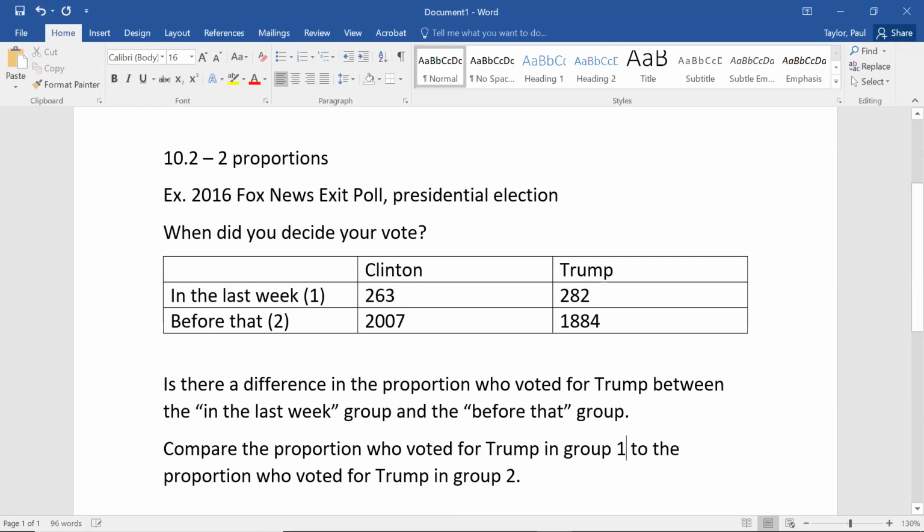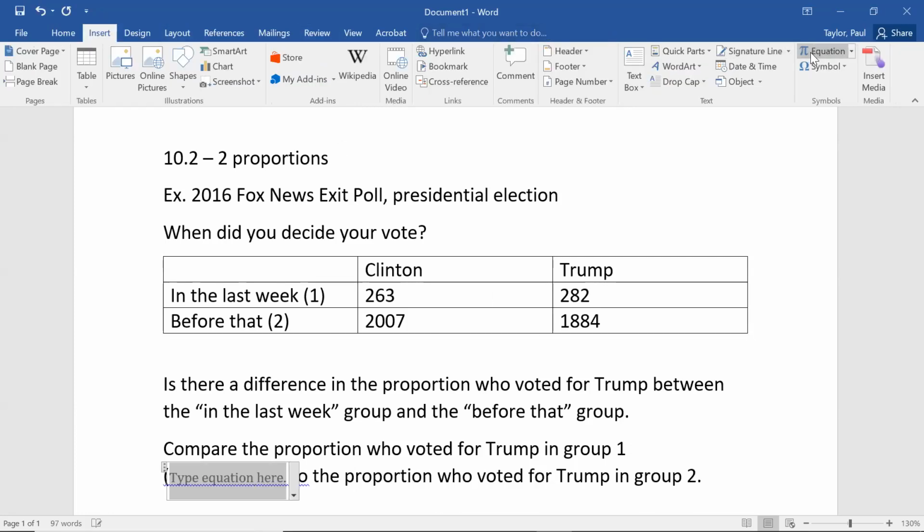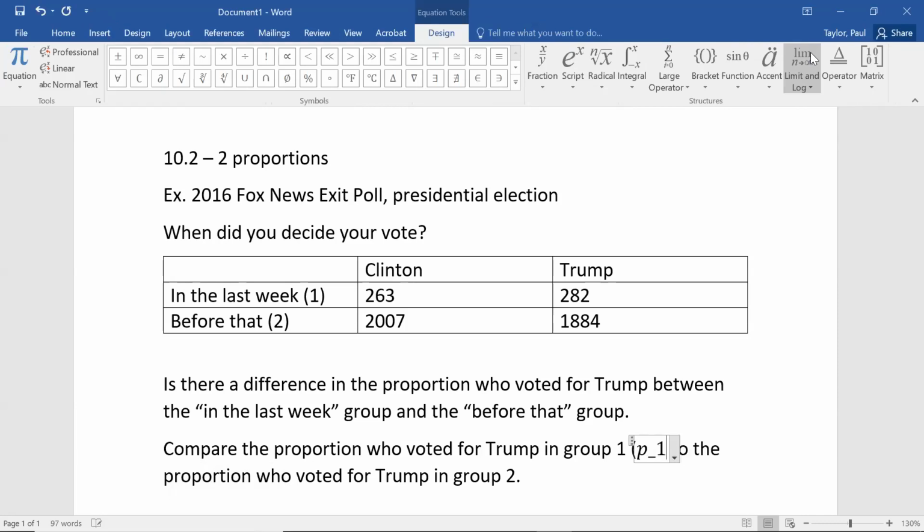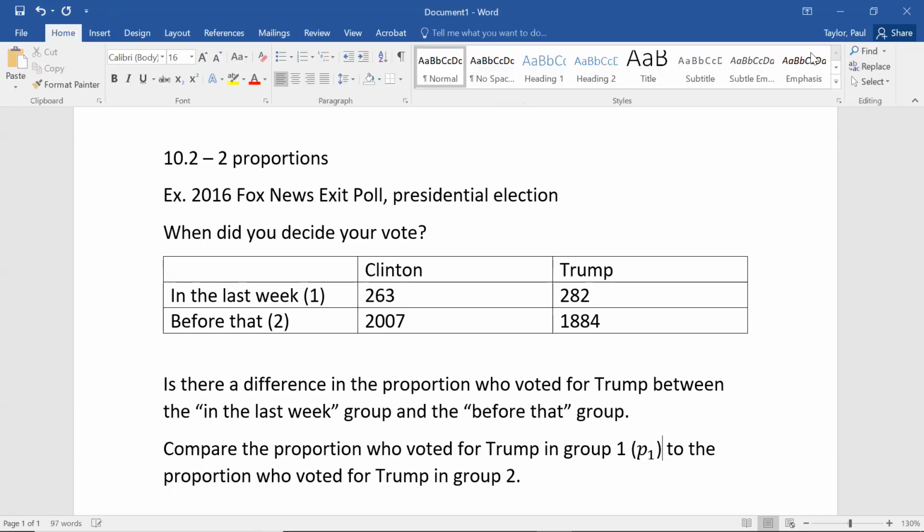Okay, so the proportion who voted for Trump in group 1, we're going to call that P sub 1. And the proportion who voted for Trump in group 2 is going to be P sub 2. So these are the two proportions we talk about.